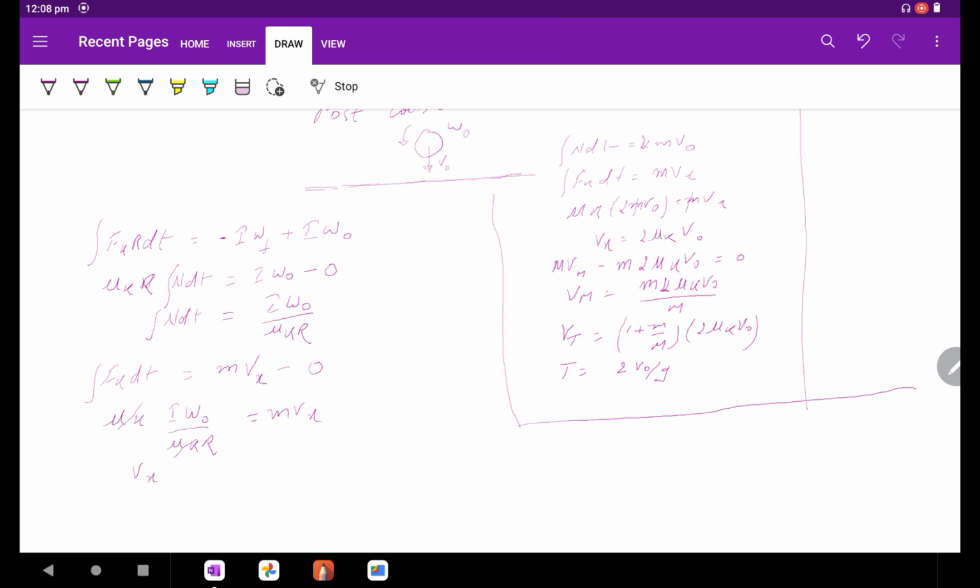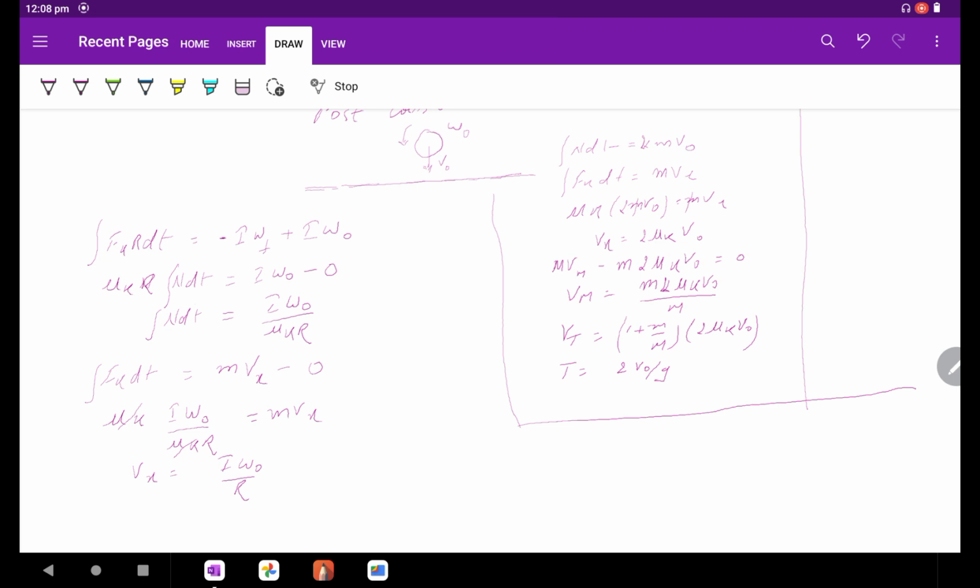Vx is then what for it to see? It is I omega naught by r. Correct? This is what we will be getting.